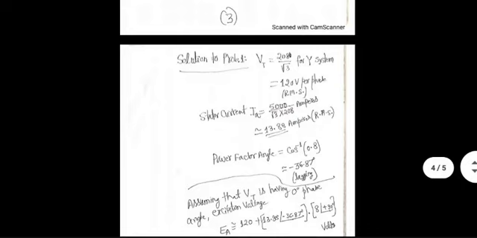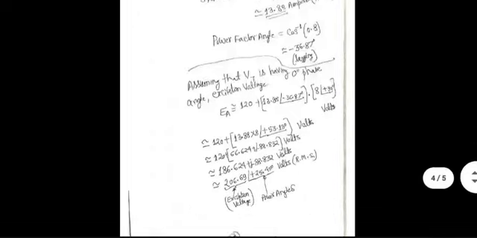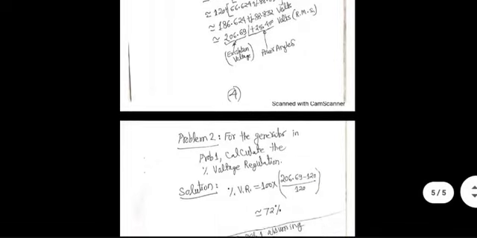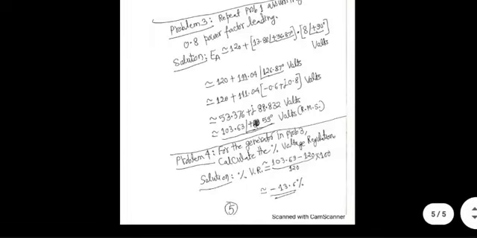My gut feeling is that at least 0.9 power factor, whether leading or lagging, must be brought in. But it may be a poor guess also. Unless we do calculations, we will never know. Okay. So this is done.